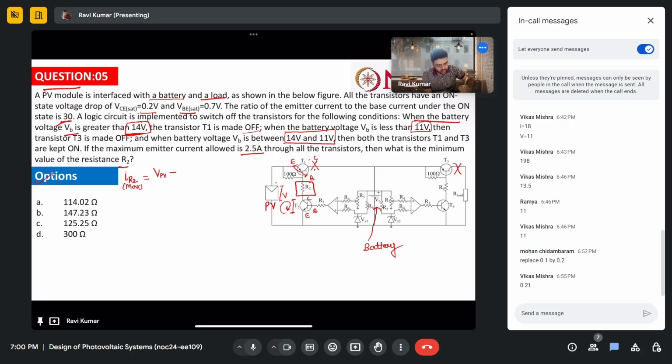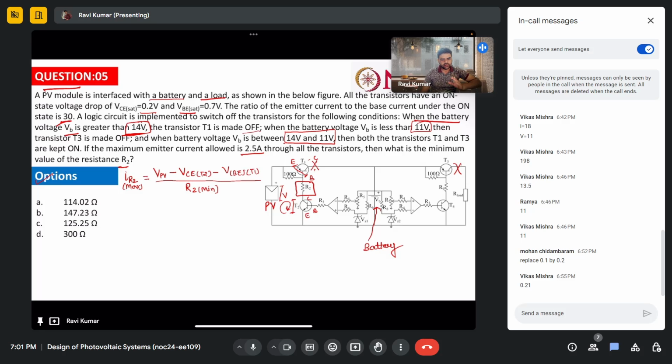These are the two voltage drops, and then the leftover voltage will be across this R2, and the current will be divided by R2 minimum, because then it will be the maximum current. So this is the equation we have.